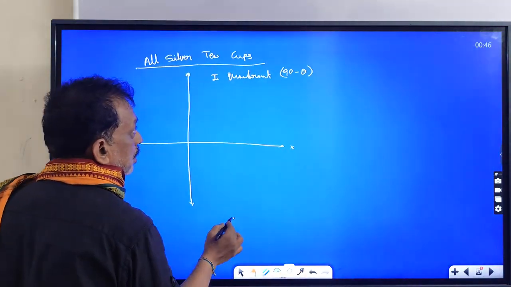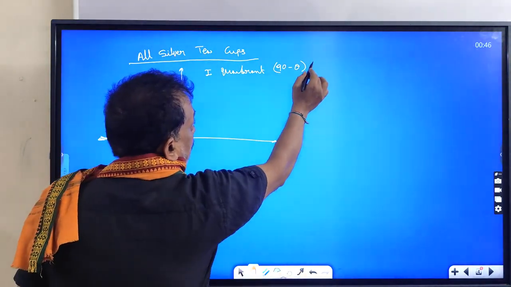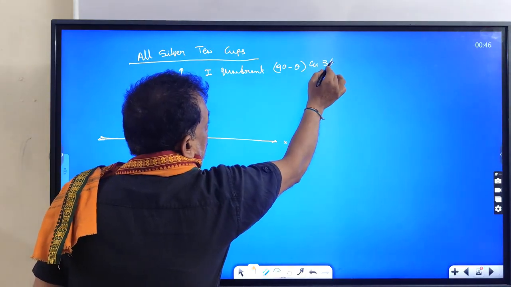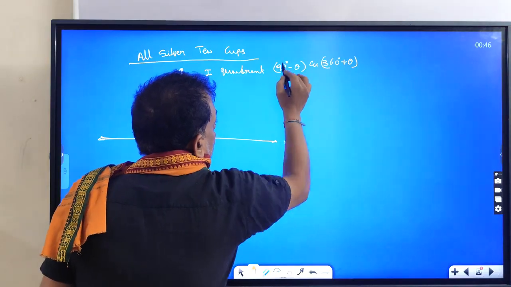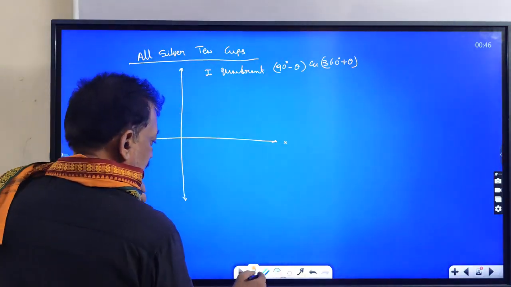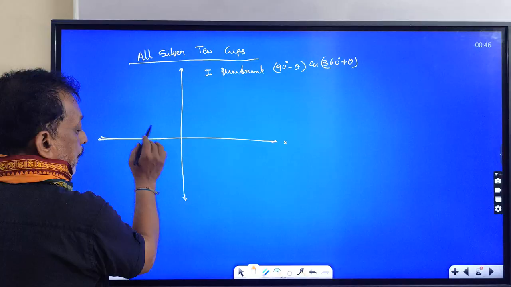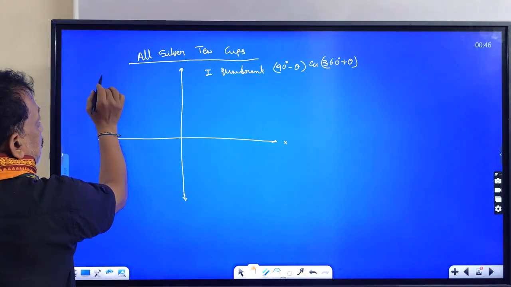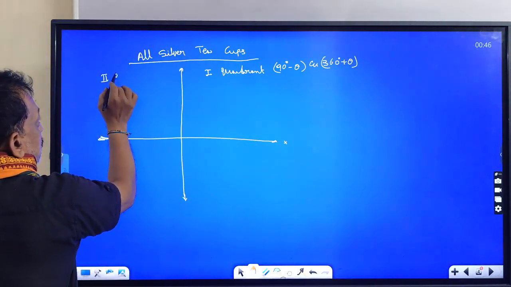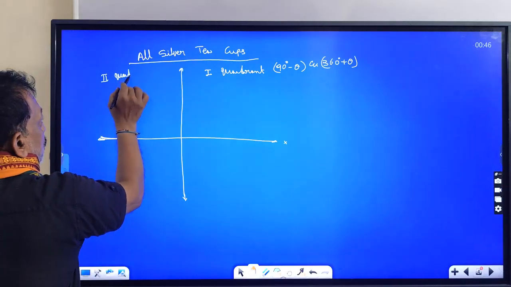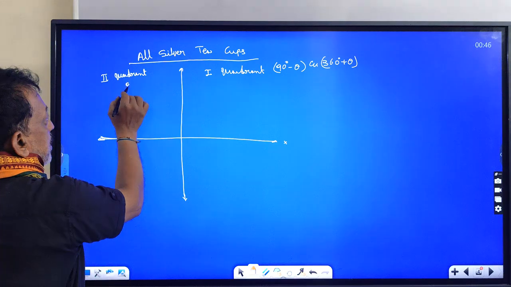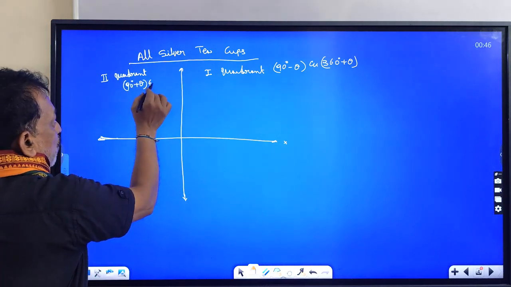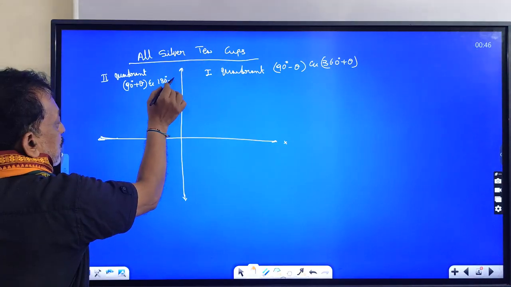and 360 plus theta. We call it the first quadrant. The second quadrant is 90 plus theta and 180 minus theta.